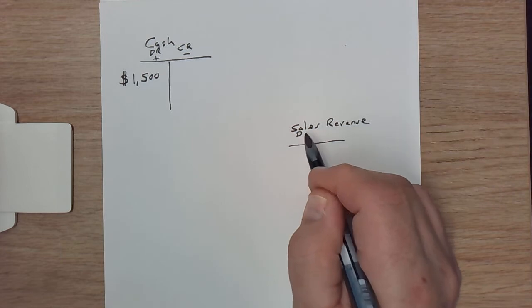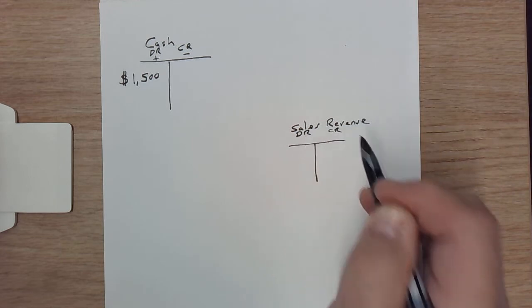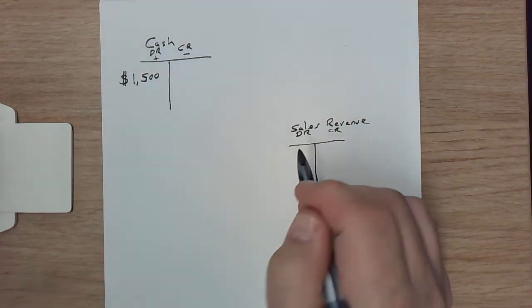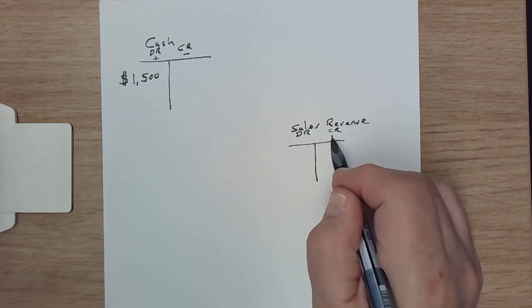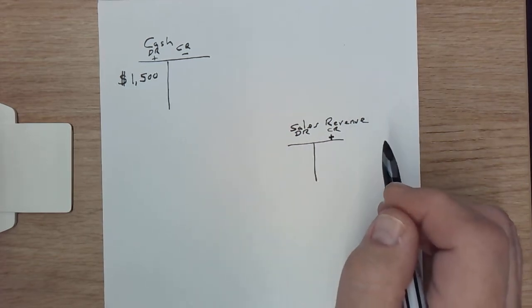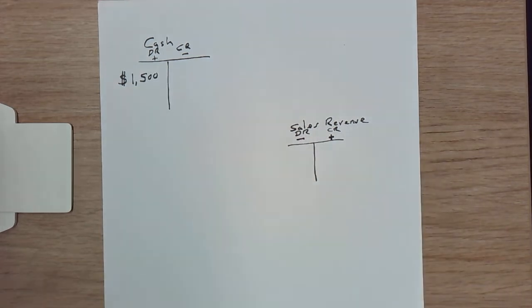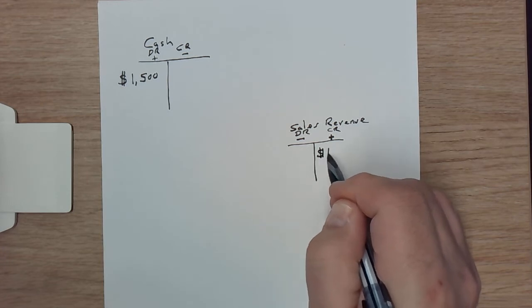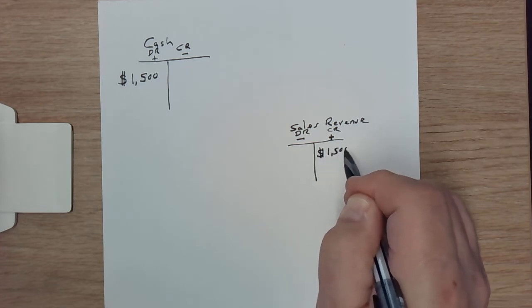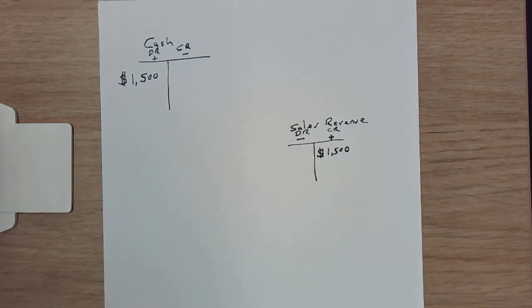We'll get into the financial statements in a different video, but this is just a preview. Again, debits are left, credits are right. However, since this is a revenue account, revenues increase with credits and decrease with debits. So that means if we've increased our revenue by $1,500 with this sale, I'm going to credit the $1,500 for sales revenue.